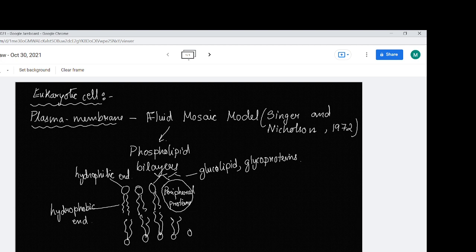So let me complete drawing this membrane. Now there are also certain proteins which integrate deeply inside this membrane. So this protein, which is traversing both the layers of the phospholipid, is called an integral protein.